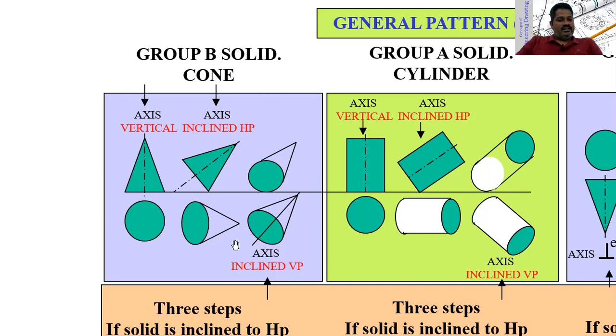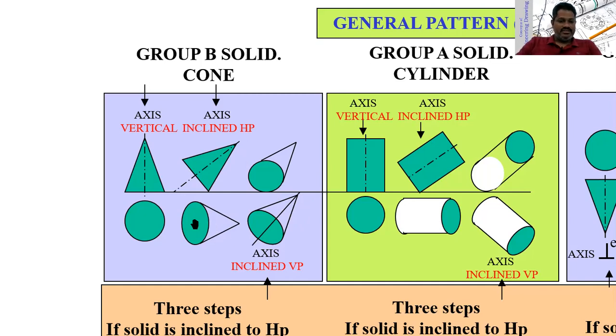Then, if the axis is making some angle with VP, but in this case it is having some angle with HP. Along with that, this is the first condition, and the second condition is that the axis of this cone is also making some angle with VP. So draw a line with the given angle, then project exactly whatever points we have here onto this line.